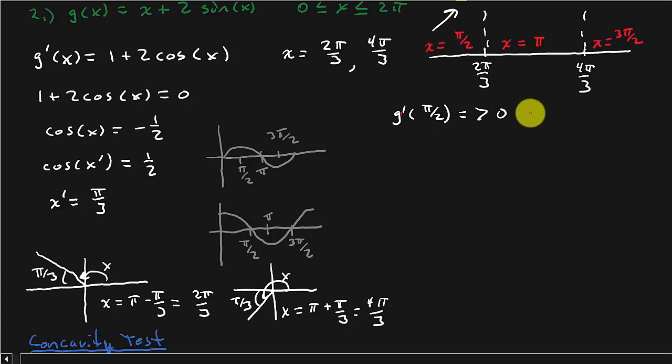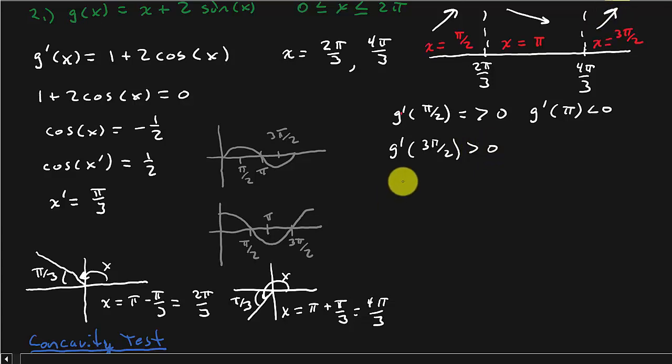And then we have g prime of pi, where cosine's negative 1, so that's going to be 1 minus 2, that's negative, so that's less than 0, it's decreasing. And then I have g prime of 3 pi over 2. Well, cosine is 0 there, so that's going to make it positive, so that's increasing.